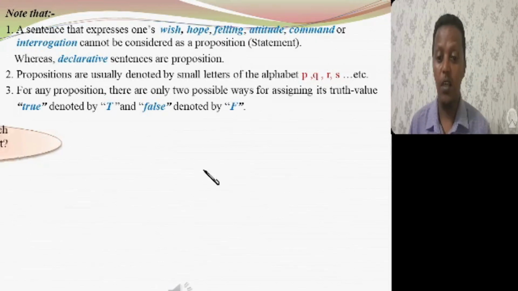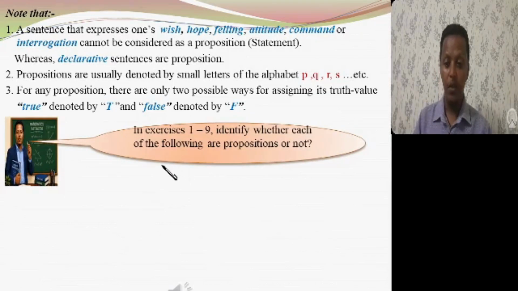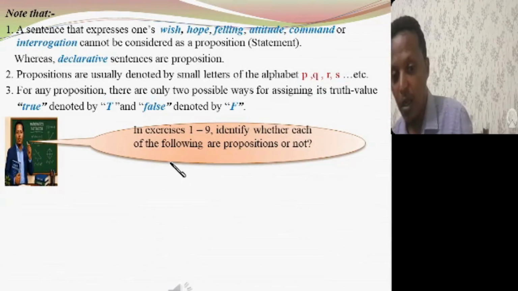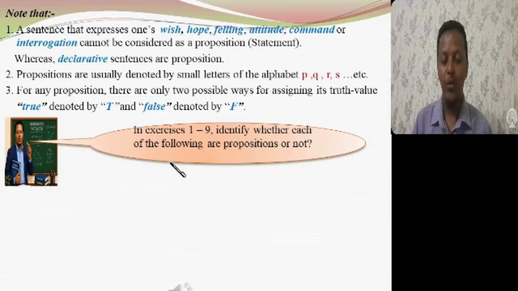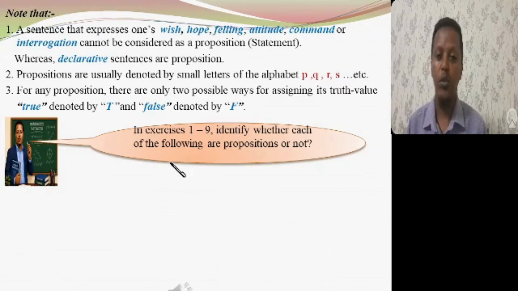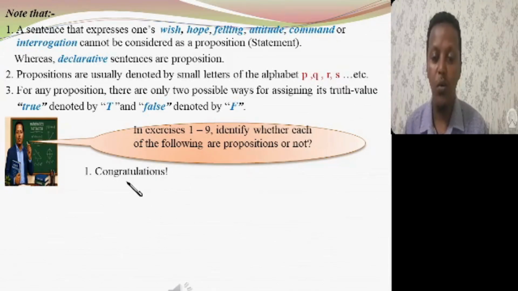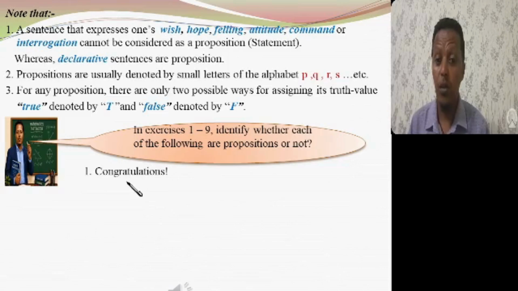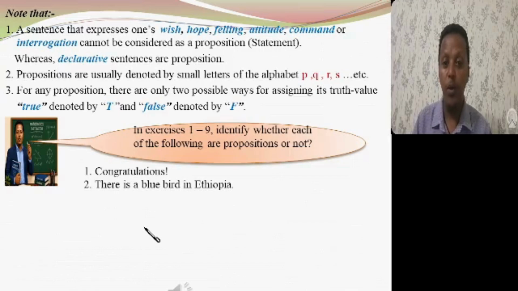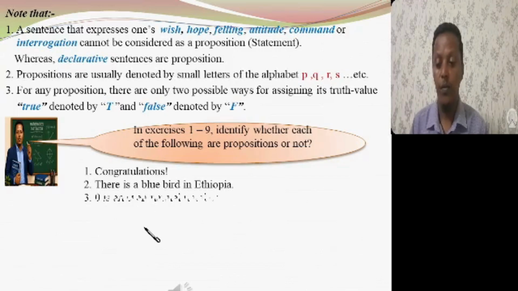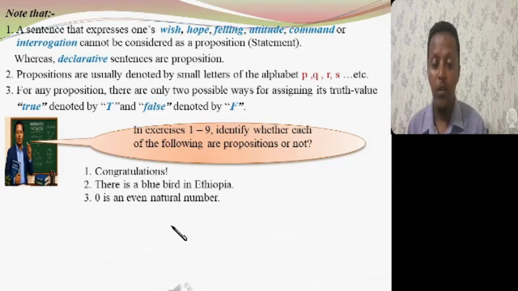I hope you understand what we mean by proposition or statement in mathematical logic. So let's take an exercise. In exercise 1 up to 9, identify whether each of the following are propositions or not. The first one, congratulations. Is it a proposition? There is a bluebird in Ethiopia. There is an even natural number.